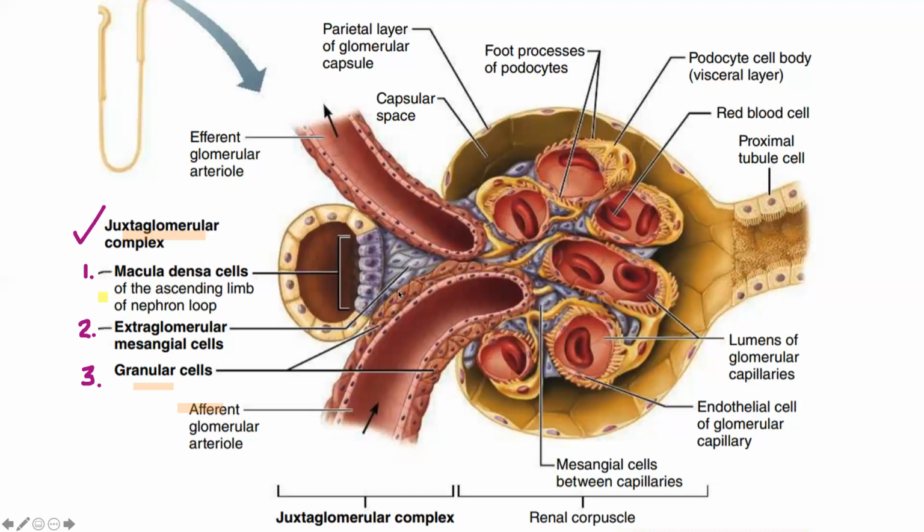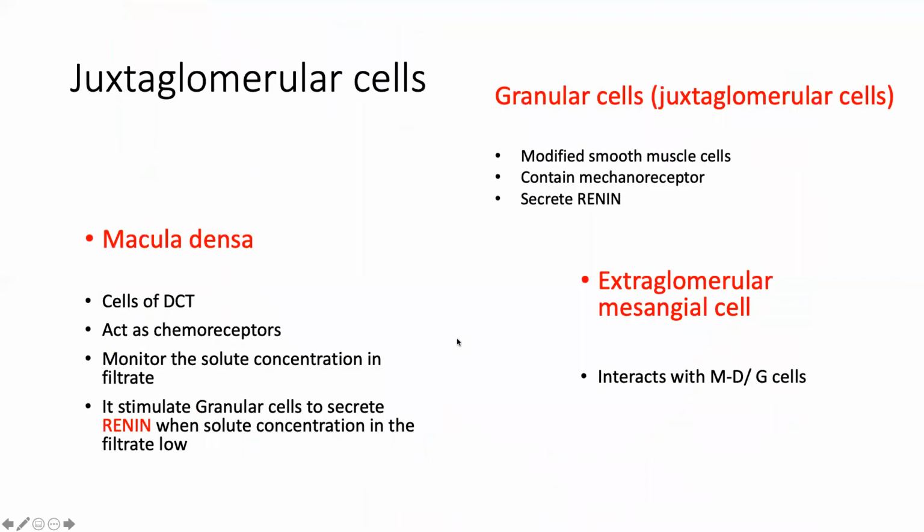And in between afferent and efferent arteriole, together with the loop here, we have formed a little triangular space where there are a few little cells which we call extraglomerular mesangial cells. So now we have seen the macula densa cell, extraglomerular mesangial cell, and the granular cell of the afferent arterioles.